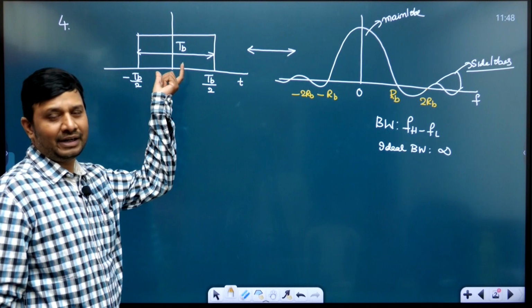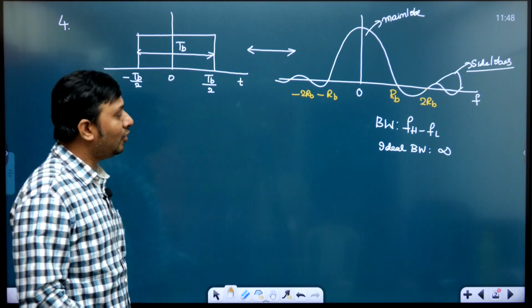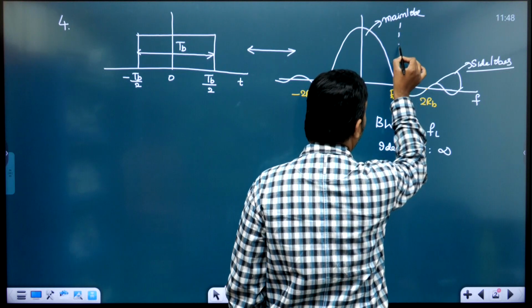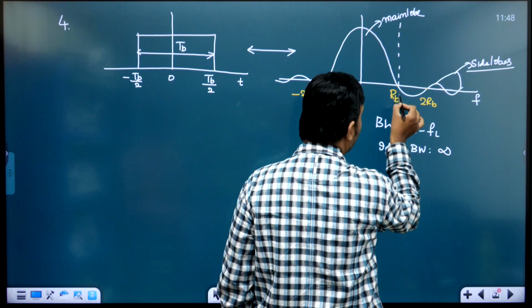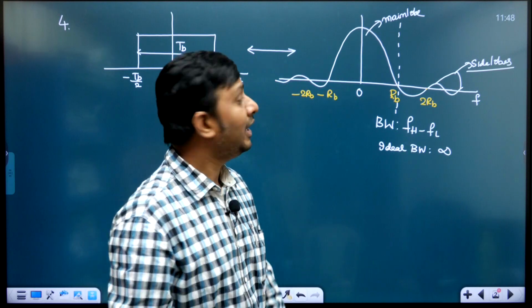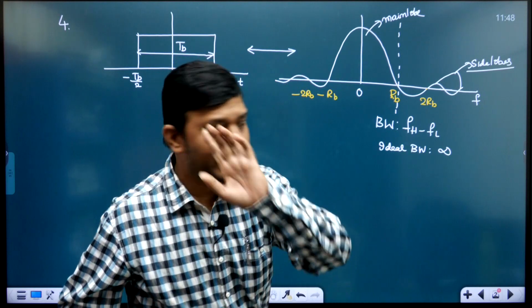So, for practical purpose, in order to calculate the bandwidth, we are going to neglect all the side lobes and include only the main lobe.